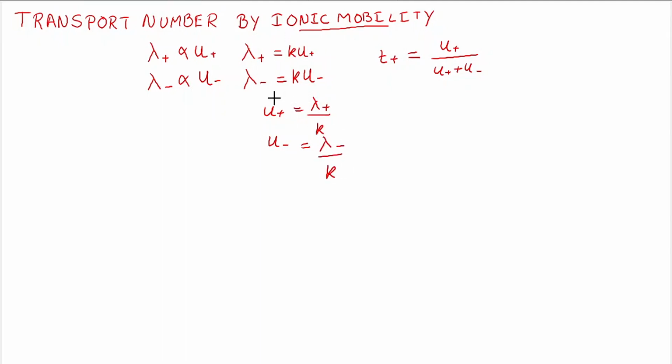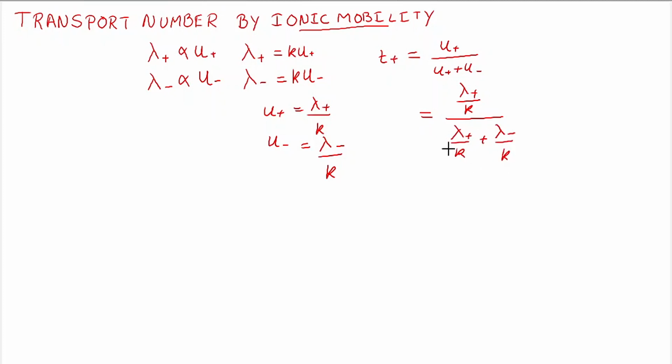So we could substitute the values of lambda plus and lambda minus directly in this equation obtained from the definition of the transport number, and write it as lambda plus upon k divided by lambda plus upon k plus lambda minus upon k.